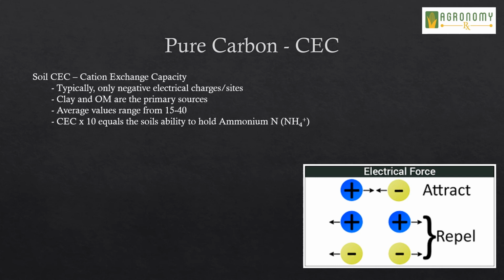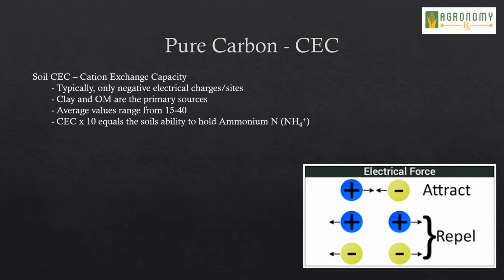Just so we're all on the same page as we talk about negative and positively charged ions for a minute, let's think about a magnet. A magnet has a positive and negative end, and when you put the positive and negatives together, they attract. And when you put two positive ends together, they push each other apart. You cannot push them together.